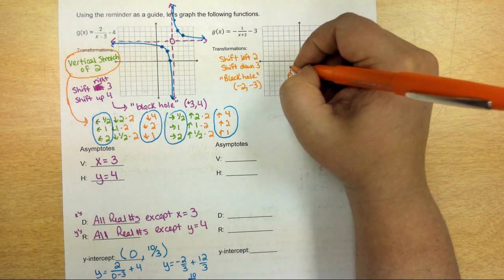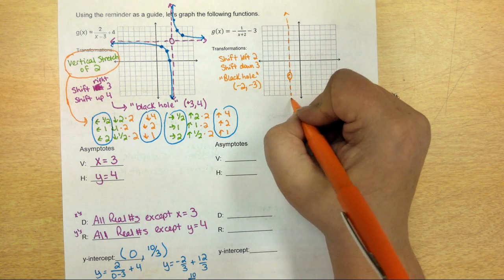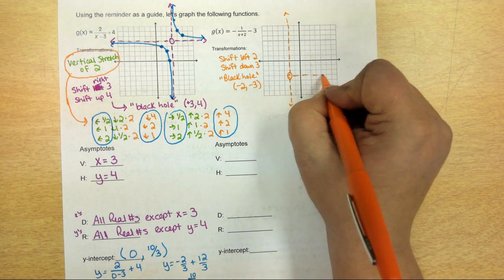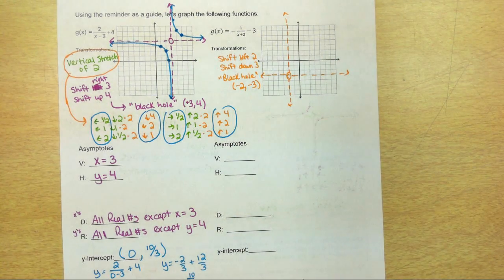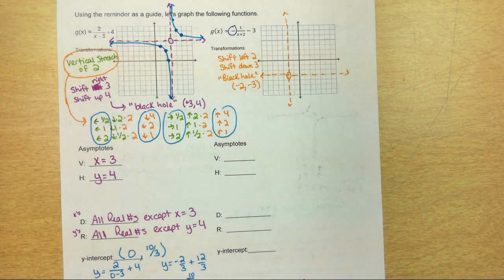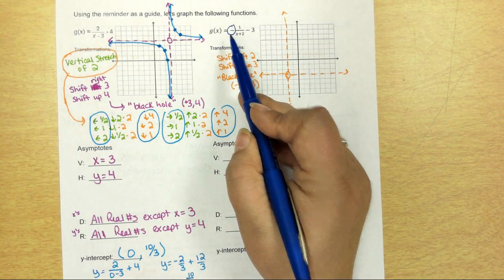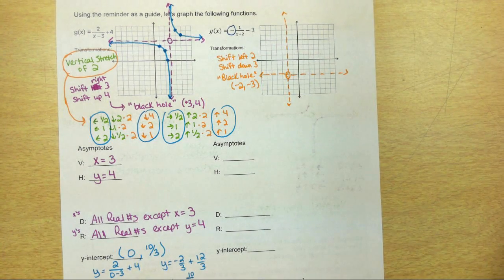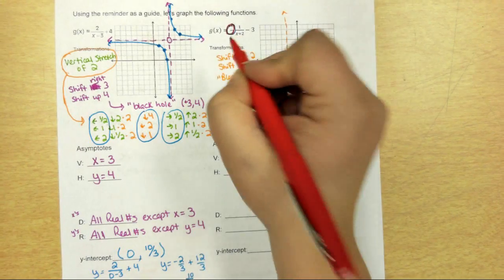And remember that shoots asymptotes up and down. Now we do have something here that we haven't seen before. We have a negative out front here. You haven't seen this negative out front yet on these because we haven't showed it to you. But do you remember what a negative out front does? Hopefully remember that when you have a negative out front, that is a reflection.